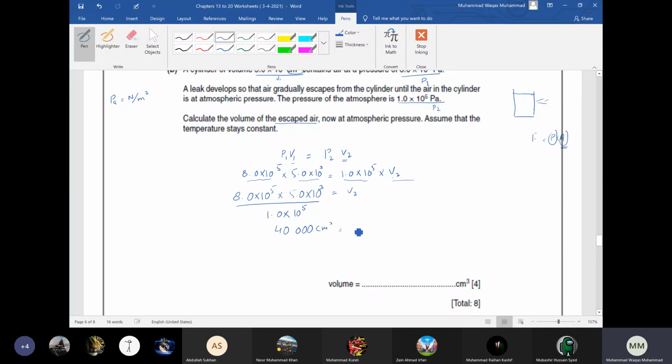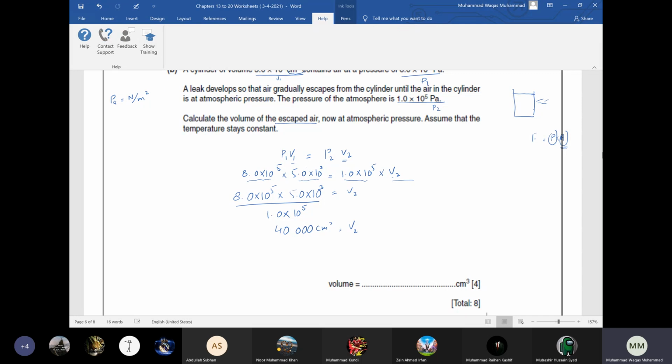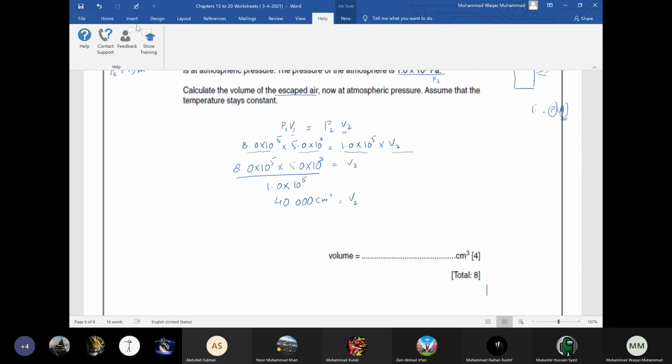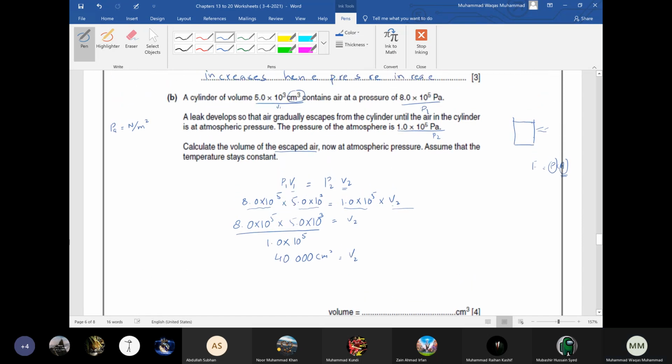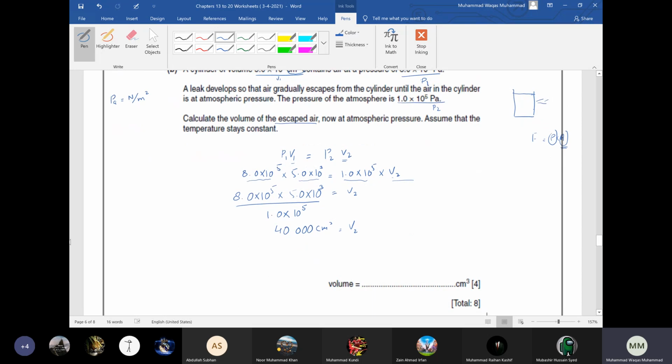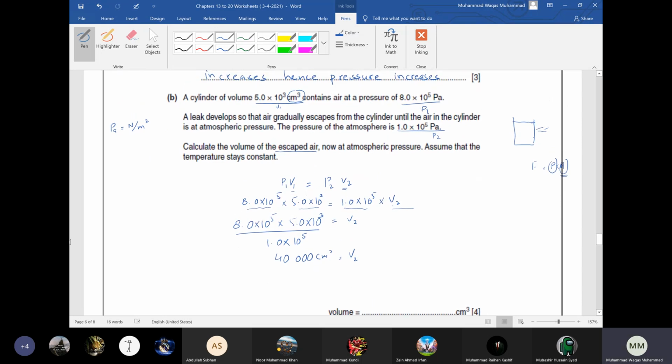Now understand, beta, V2 means, for the same mass of gas, we are talking about a certain mass of gas, and that fixed mass of gas has a volume.